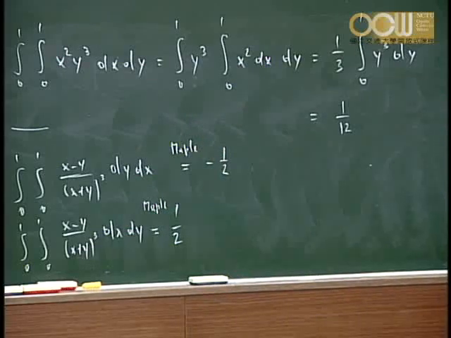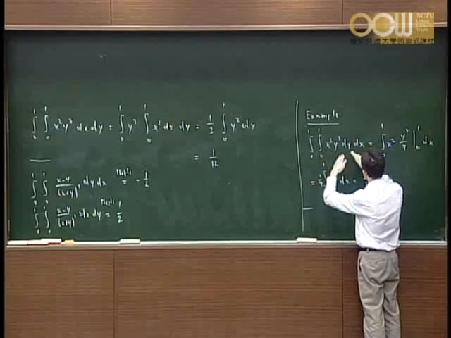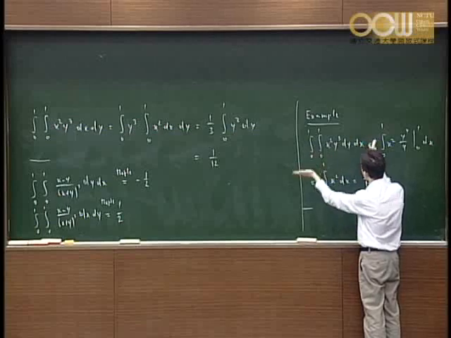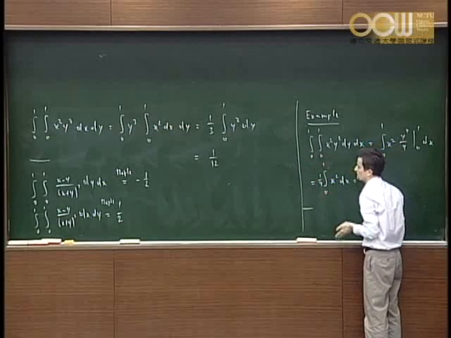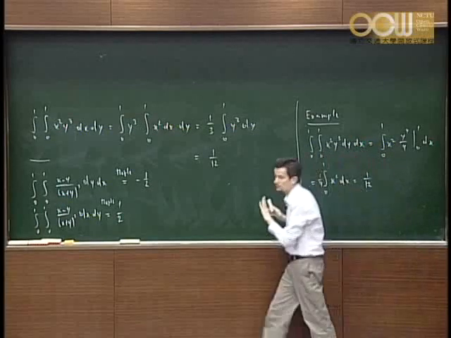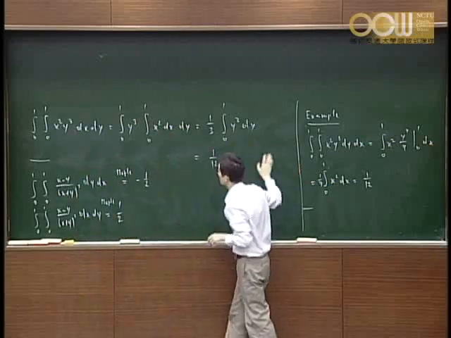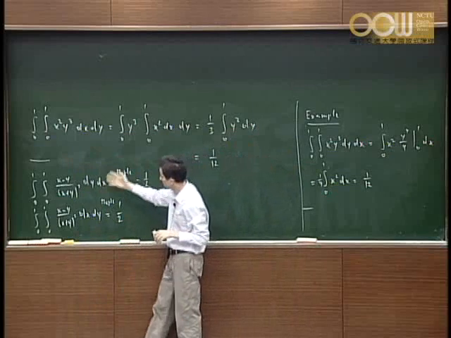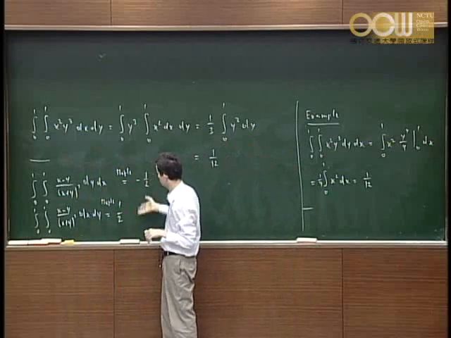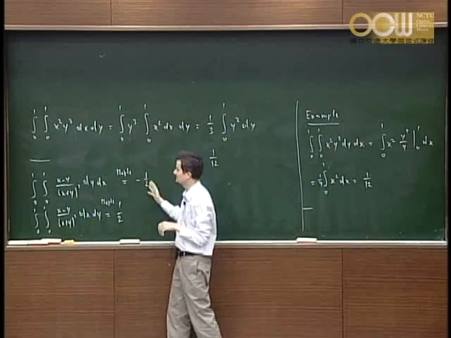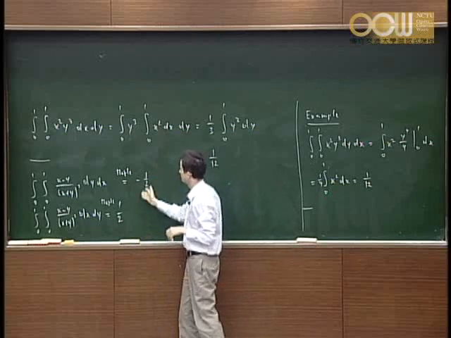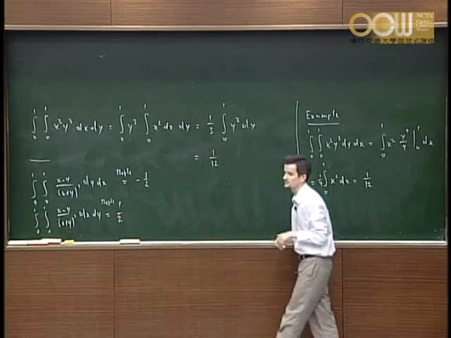If you compute first the inner integral with respect to x, and then the inner integral with respect to y, and then the outer integral with respect to x, you get 1/12, and the same if you do it the other way around. So for this situation we are quite lucky. Here for this situation we are not that lucky, because we get another value. I mean, it depends whether you consider this situation as unfortunate.